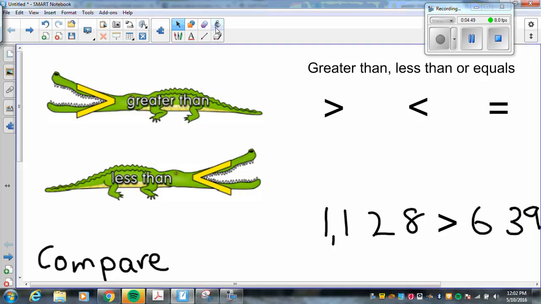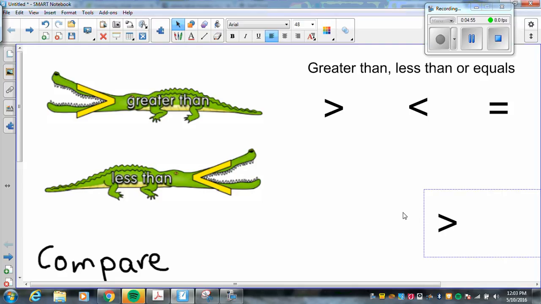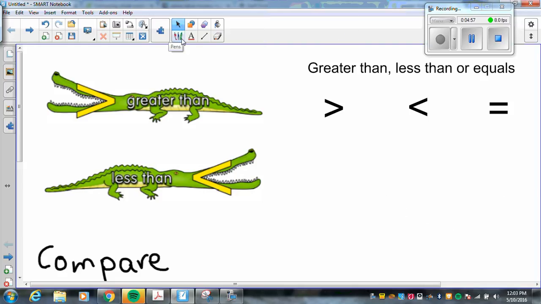Okay, what if it's a little bit closer? What if we have a number that's a little bit closer? How do we work it out? Okay, so let's have a look.